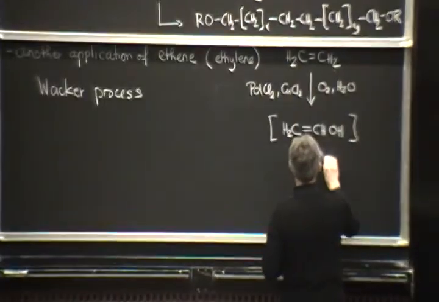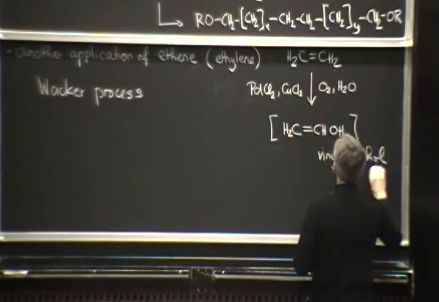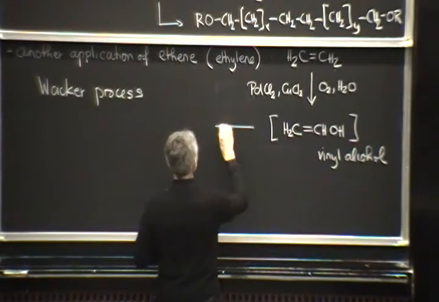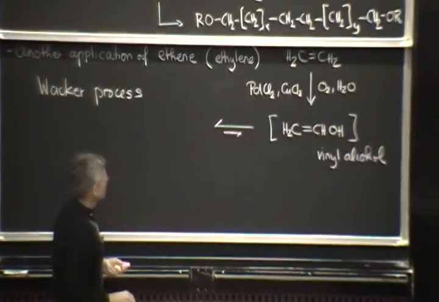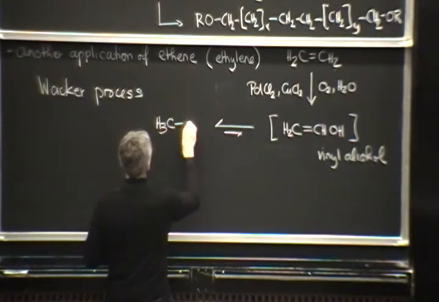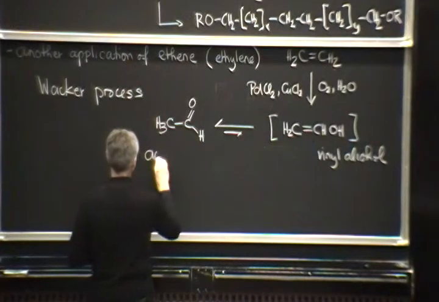So this is vinyl alcohol. Now, vinyl alcohol is rapidly equilibrating, and in fact, thermodynamically preferentially equilibrating to another compound, and that is acetaldehyde.